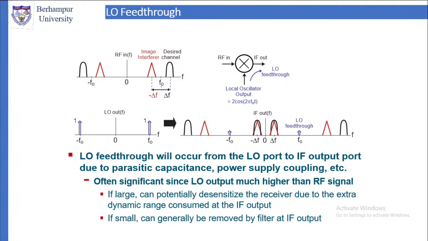So that is multiplied with RF. Also some of that will leak out. That will be fed to the IF output, which is called the feed through of the local oscillator.